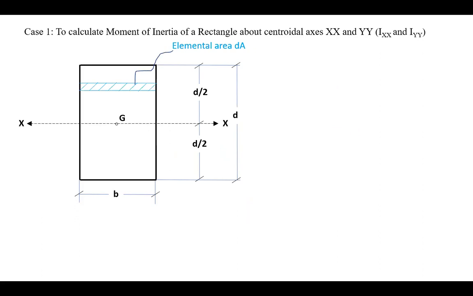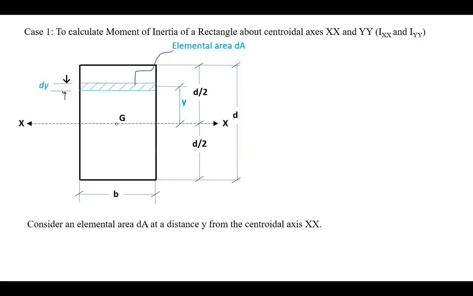Now, to derive the moment of inertia, let us consider a small elemental area of thickness dy, situated at a distance y from the central x-axis. The area of that small elemental area, dA, is breadth into depth, so b into dy.